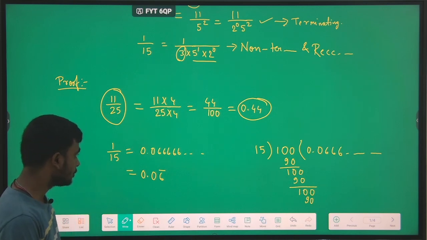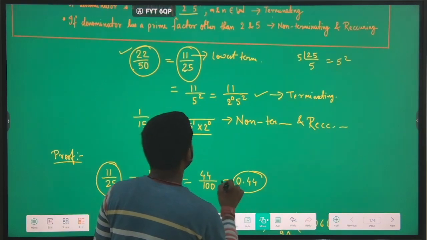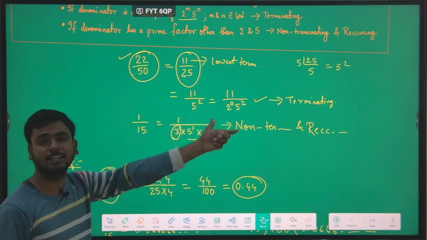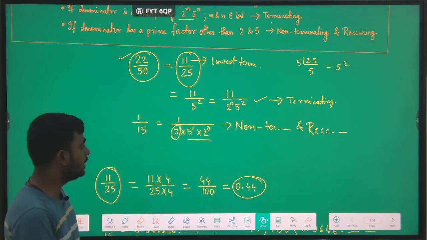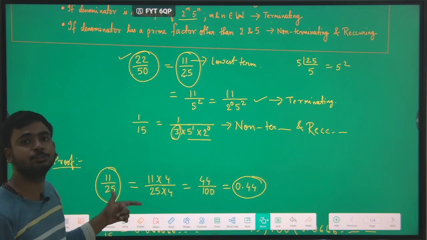So through this fact also we can say about any rational number which is terminating and which is non-terminating and recurring. We have to do only this part. This part was to check whether whatever we have done is true or not.